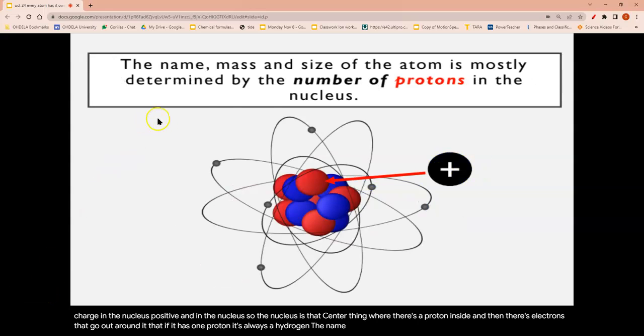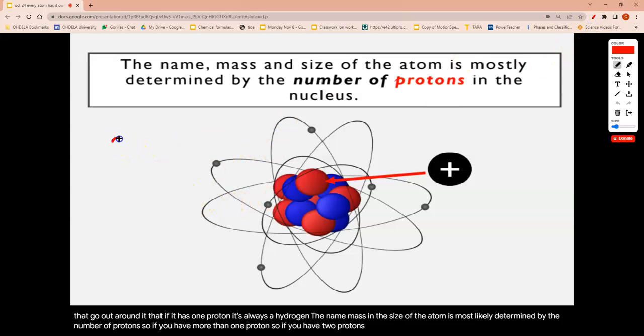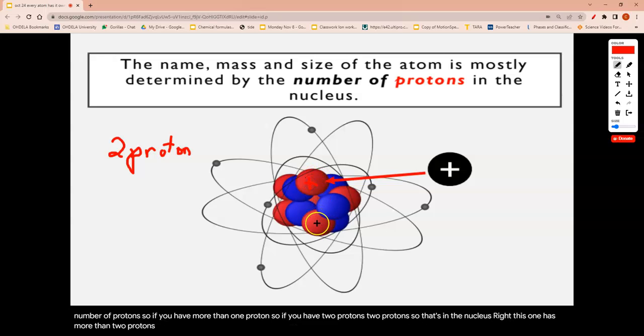The name, mass, and the size of the atom is most likely determined by the number of protons. So if you have more than one proton, say two protons in the nucleus, this would be a helium atom.